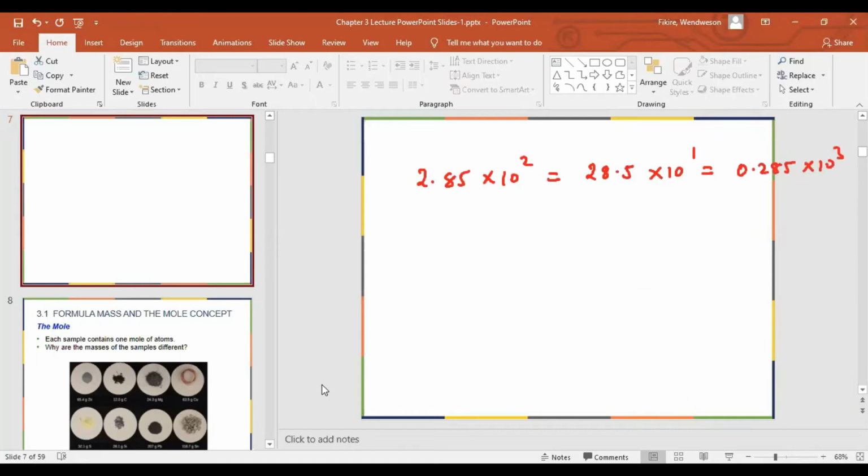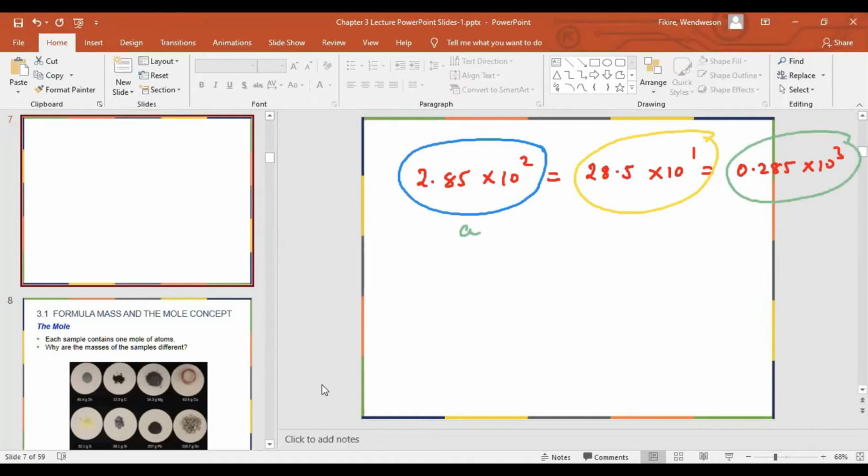Now I want you to look at the differences of the first one here with a different color, the second one here, and let me use a different color for the third one here. It's like A, B, C. We are just moving the decimal point.